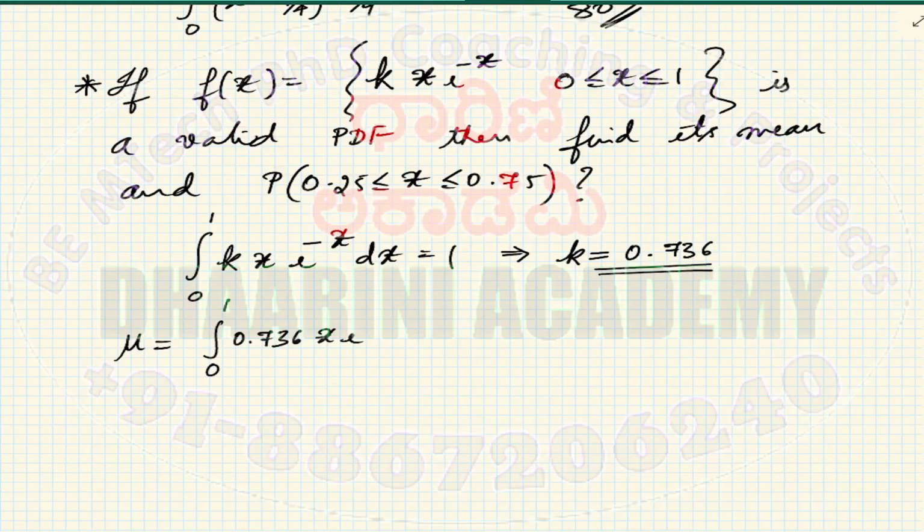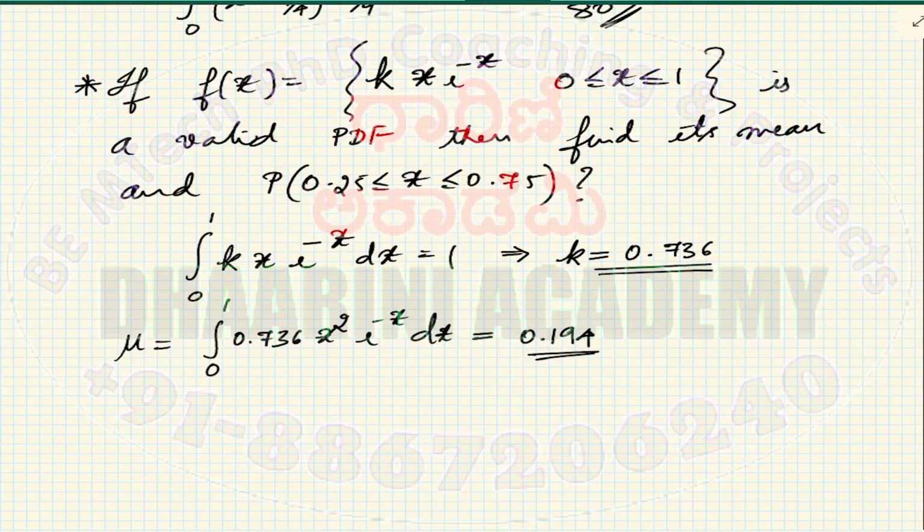So f of x has another x, right? So x into f of x becomes x squared into e to the minus x dx. We solve this to get the answer. So the mean comes to be equal to 0.194.